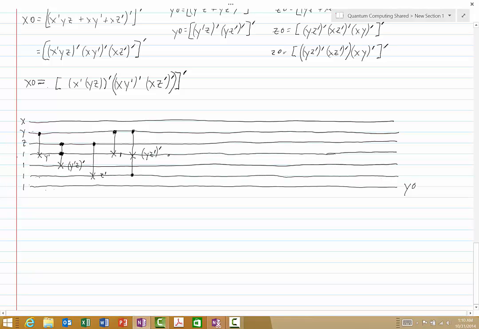So we'll take this and this down here to this line, which has a 1 coming in, and we should get y0 is equal to, well, I'll just say y prime, it should be equal to the desired value.